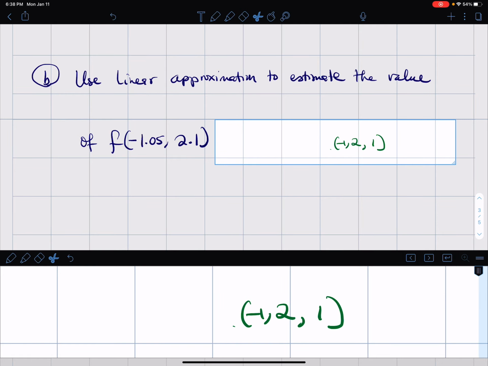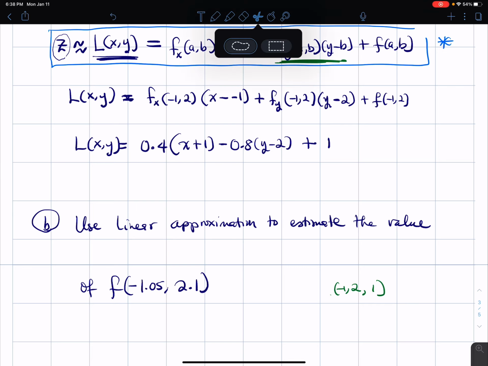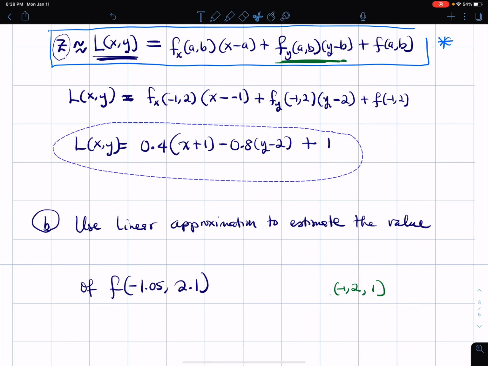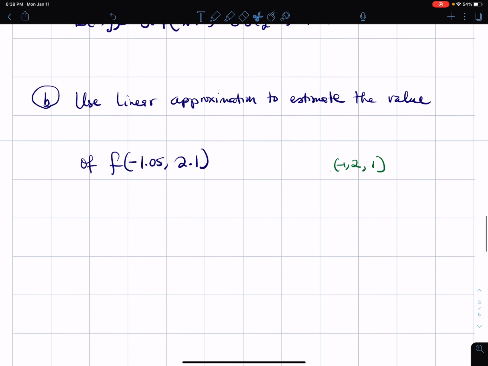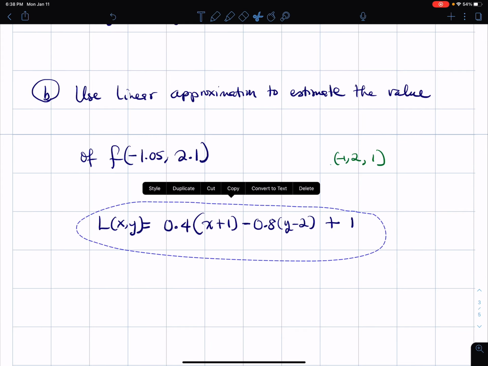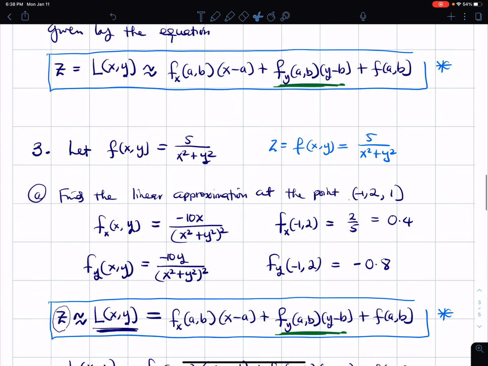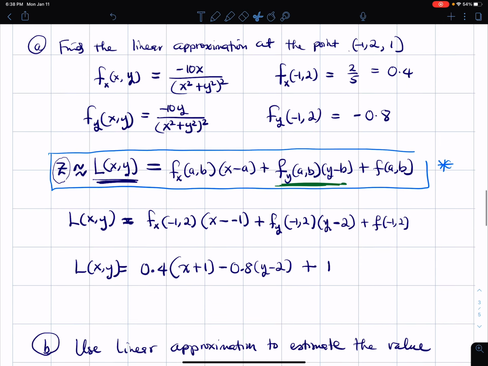All right? And why do we even bother about doing that? Because this function is actually easier than the original function. It might not look easier to you, but for the calculator, this function is way easier than the original function, which is 5 over x squared plus y squared.